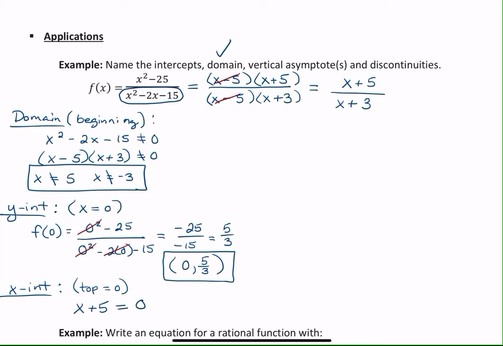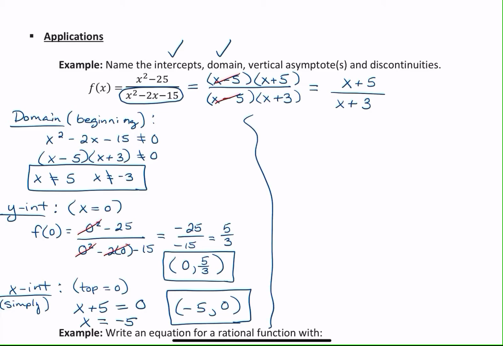That's going to give you your x-intercept of x equals negative 5. So at negative 5, 0, you have an x-intercept. On the x-intercept, you can use the simplified version and set the top equal to 0. So we've done the intercepts and the domain.